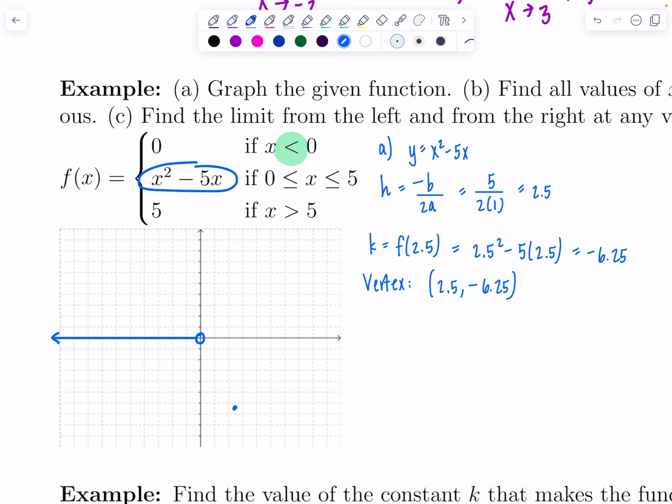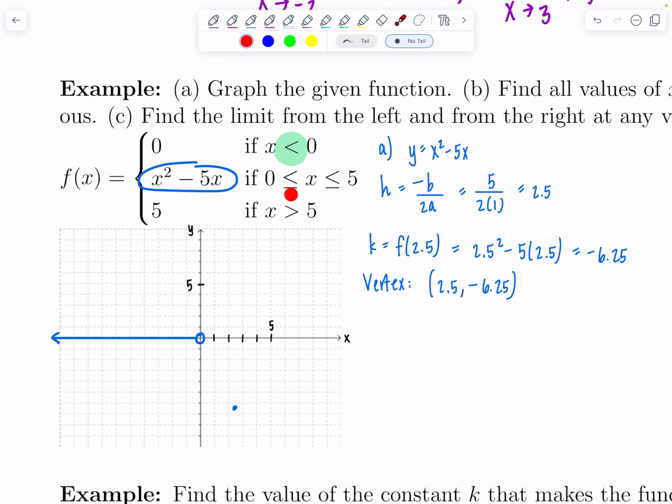Let me add some scaling too. 1, 2, 3, 4, 5. Ooh, that's too chunky. 1, 2, 3, 4, 5. Good. Here's x. Here's y. 1, 2, 3, 4, 5. Okay. Very good. And then I can just plug in the endpoints.